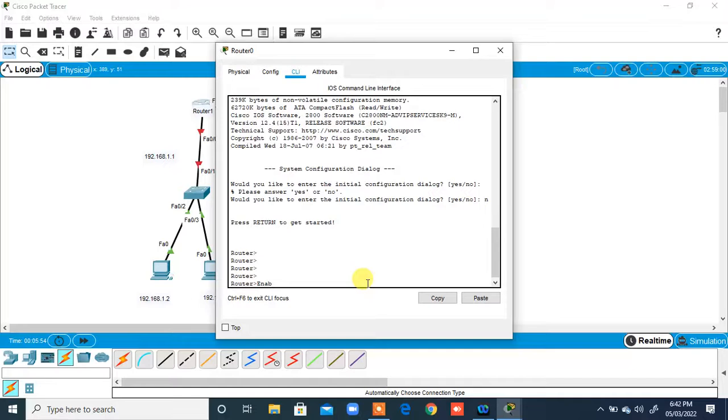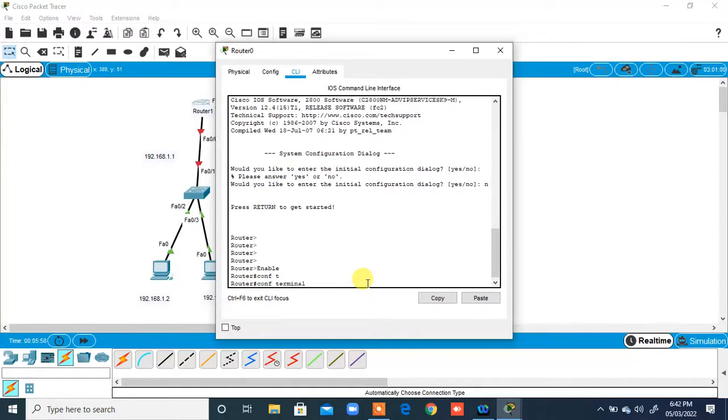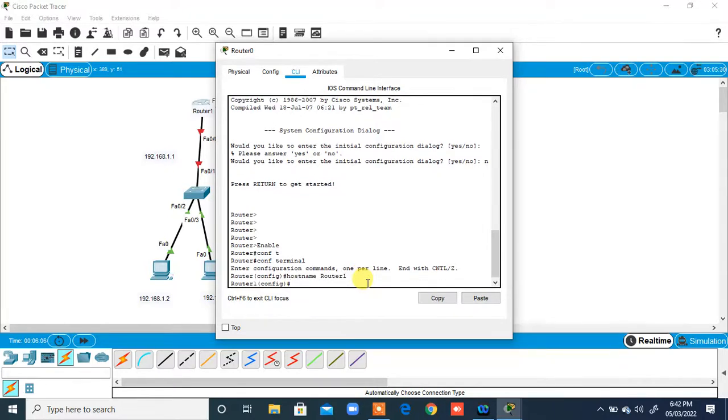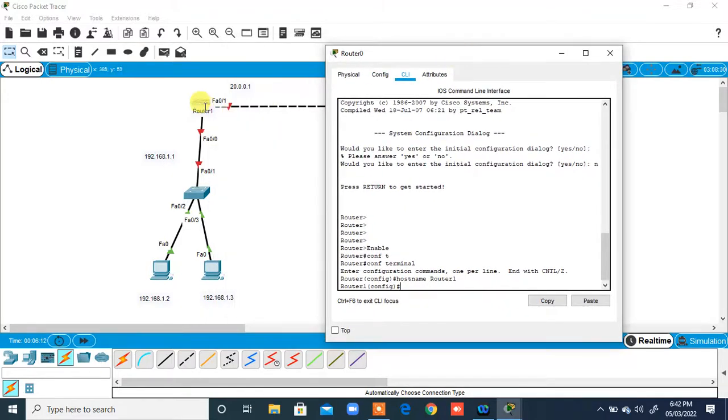Okay, enable this. Configure terminal, hostname router 1, right? Now we have to assign the IP address to my interfaces. So we are having two interfaces here. First is FA0/1 and the other one is FA0/0, where we have to assign the IP address as 192.168.1.1.